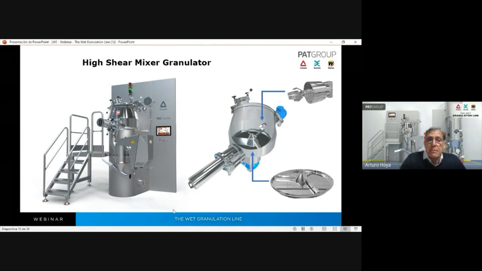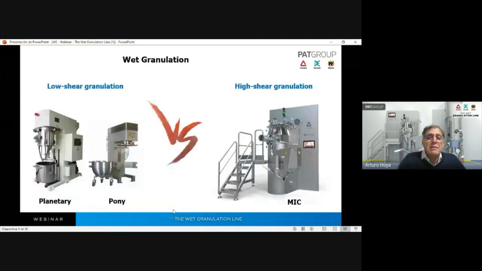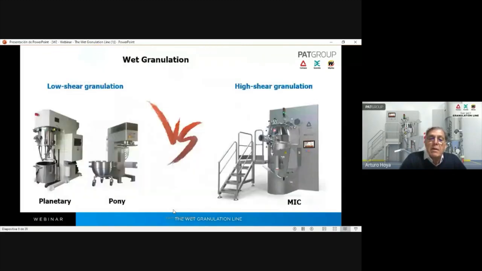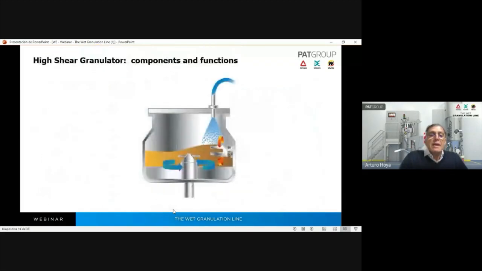Well, these are the parts. It's a section of the equipment, and here we want to show the components and the function of the high shear granulator.